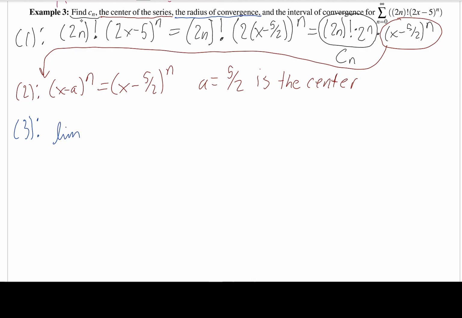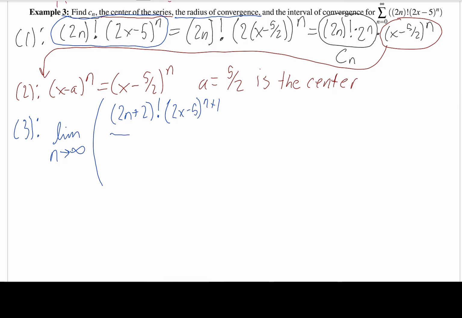So I'll have the limit as n goes to infinity of, plugging in n plus 1 for n, 2n plus 2 factorial times, remember I'm using this original form, not our new form where we got our c sub n, 2x minus 5 to the n plus 1 divided by 2n factorial times 2x minus 5 to the n.